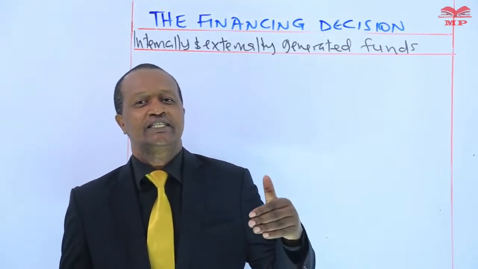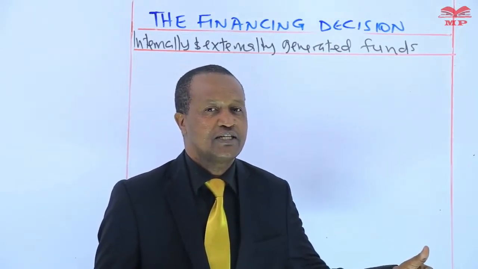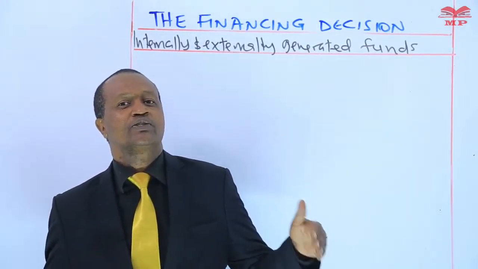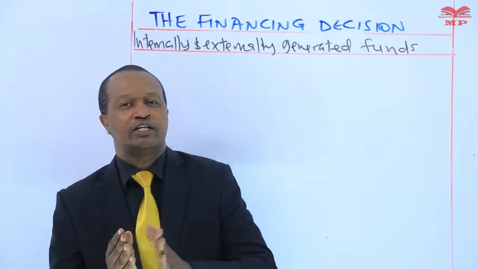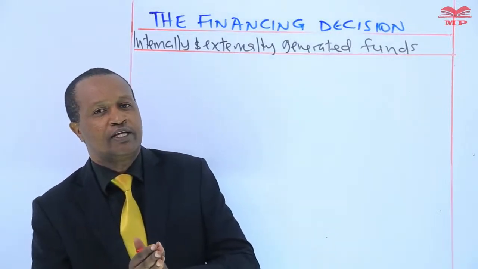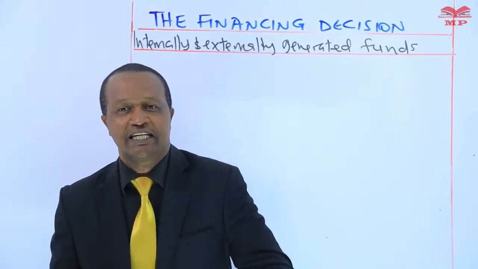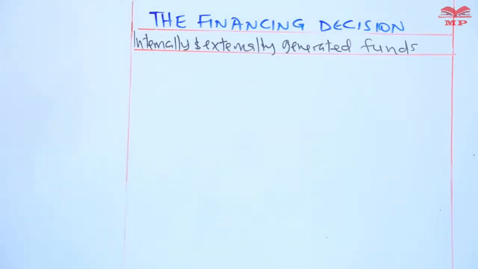Understanding the distinctions between the internally generated funds and the externally generated types of funds is crucial for effective financial management. So in today's lesson we are going to do a comparison between internally generated funds and externally generated funds.